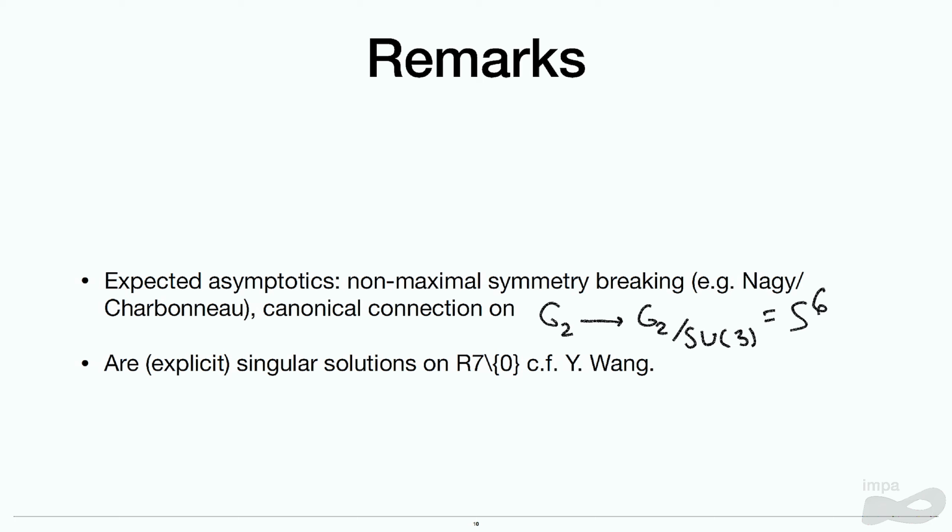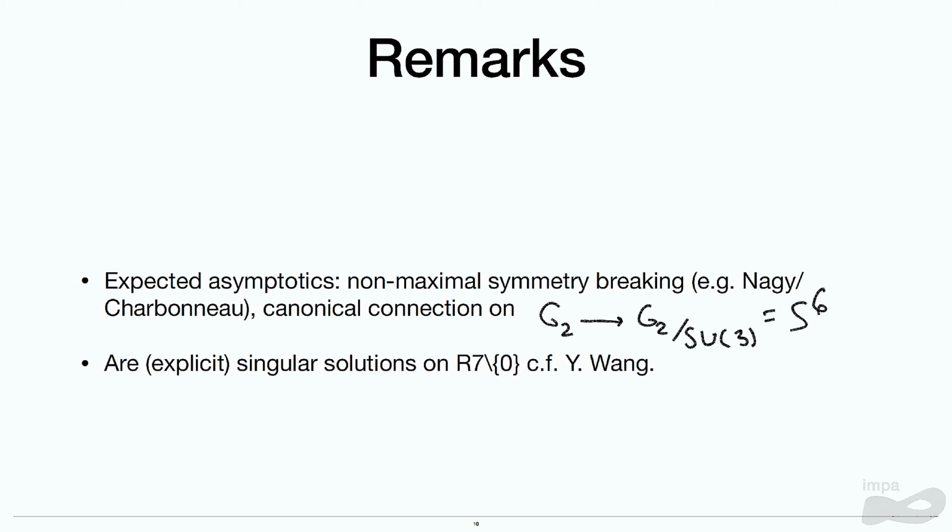The expected asymptotics would be an analog of what's called non-maximal symmetry breaking, which is studied, for example, in the R3 case by Nagy and Charbonneau. And the connection that this should be asymptotic to would be the canonical connection on G2 mod SU3, so this SU3 bundle.